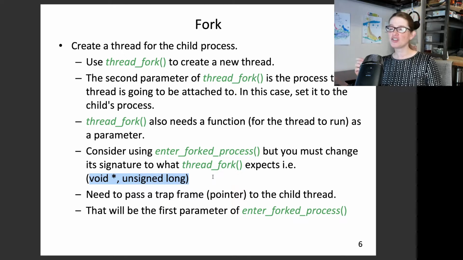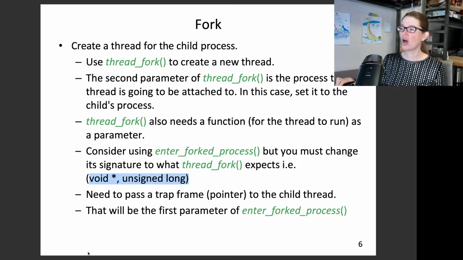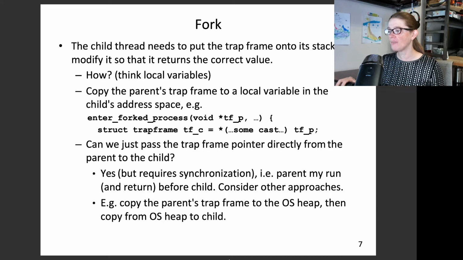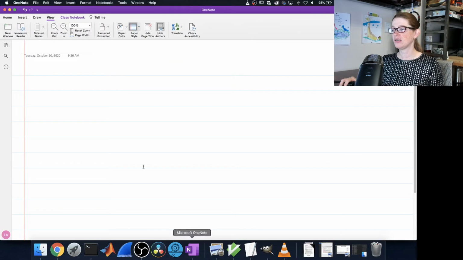And then in enter forked process, we want to take the parent's trap frame and put it onto the stack. Now that might seem very complicated, but it's not. So we have a little bit of code here, but I'm going to actually just bring it up in OneNote.